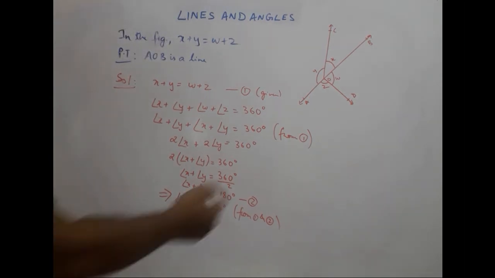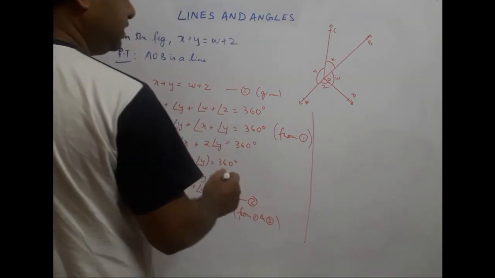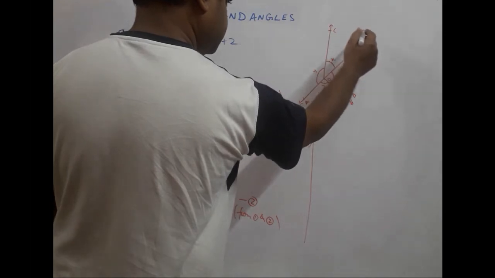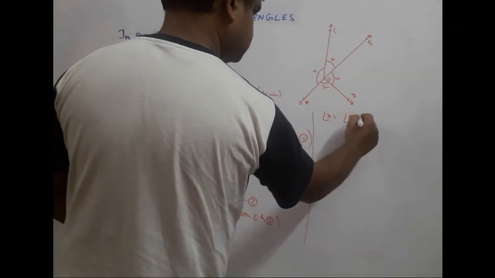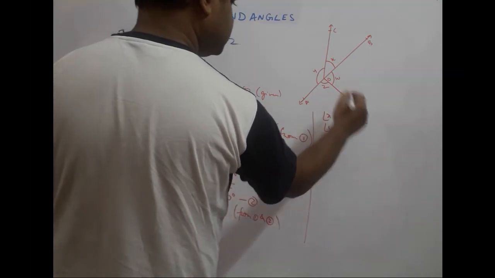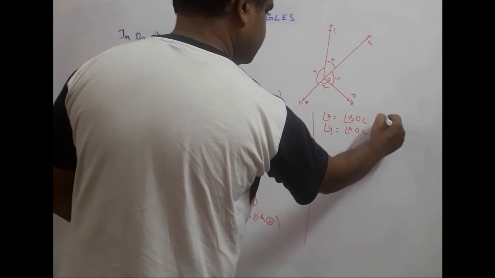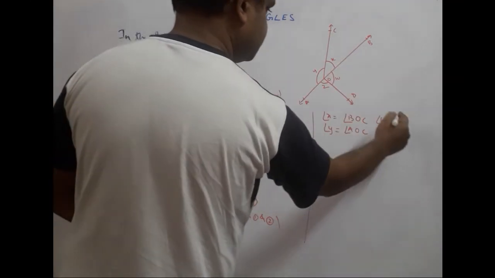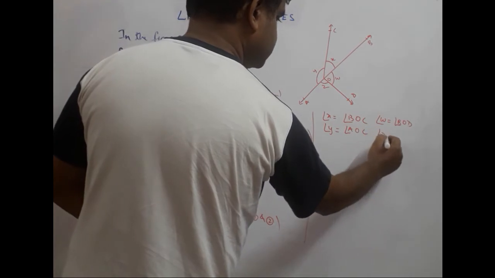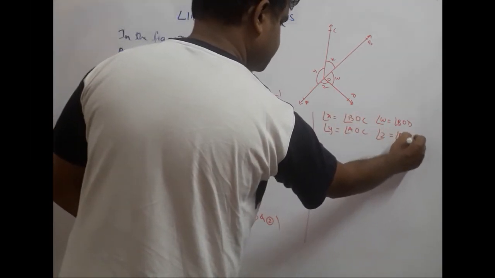So I continue over here, put a line over here, and we state what is angle x, y and z. So angle x equal to BOC, angle y can be written as angle AOC or COA, angle w is equal to angle BOD, and angle z is equal to angle AOD.